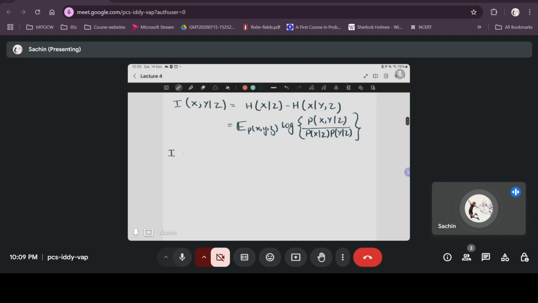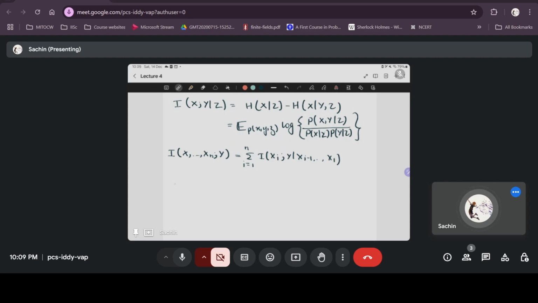Then we saw the chain rule for information. I of X1 to Xn; Y is the summation of I of Xi; Y given Xi minus 1 to X1.